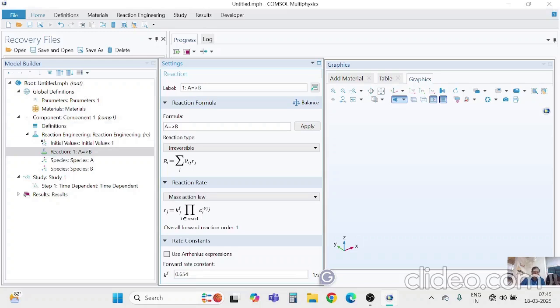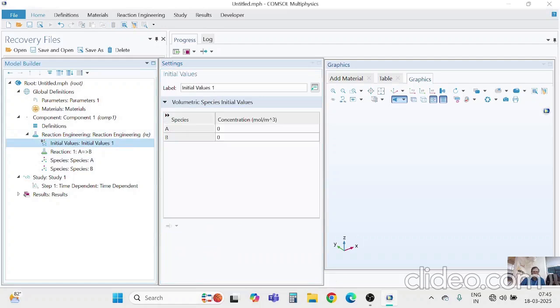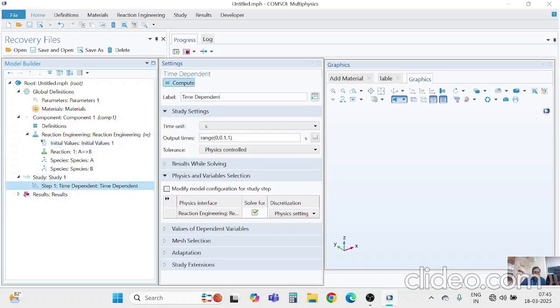Then after assigning this, the initial value is going to be 100. Now the initial condition is given, the equation also provided. Now we'll go for compute.